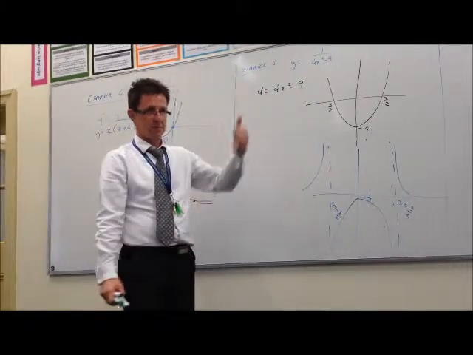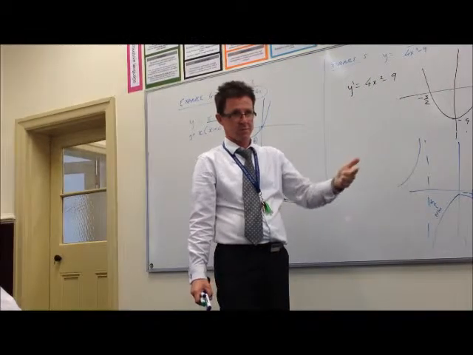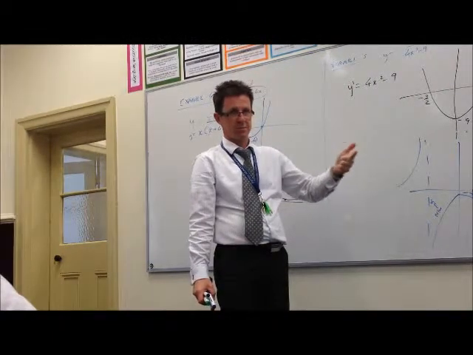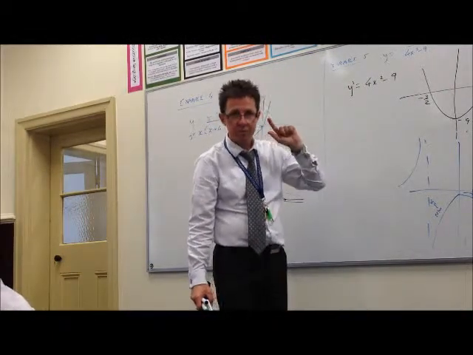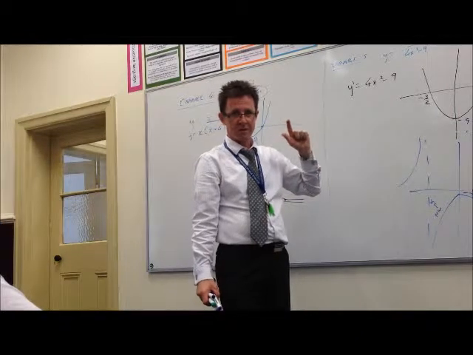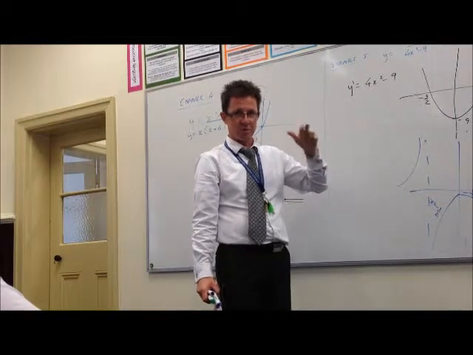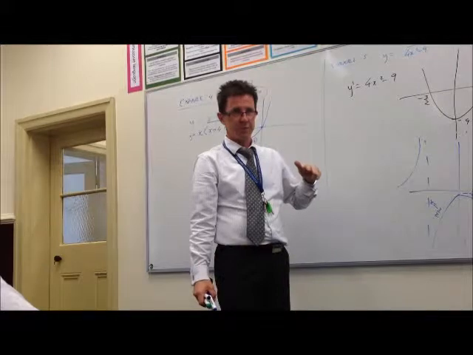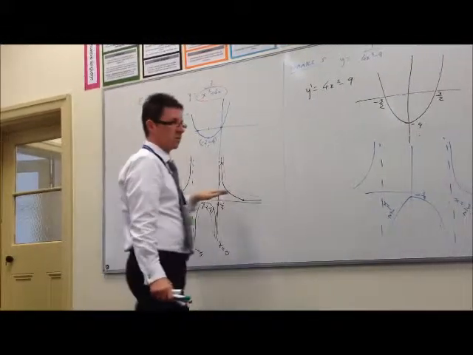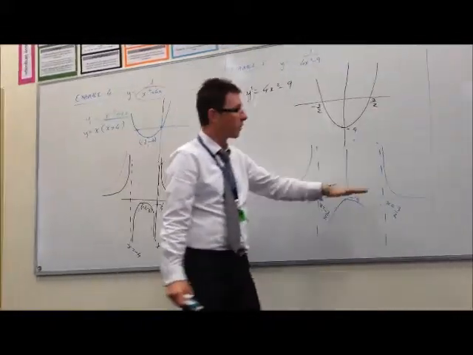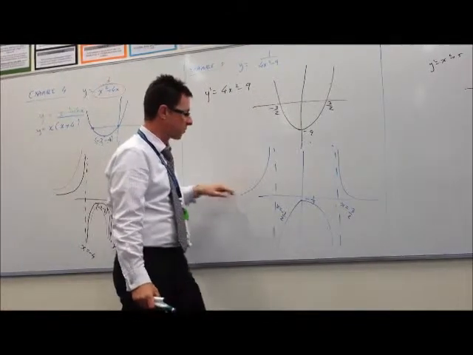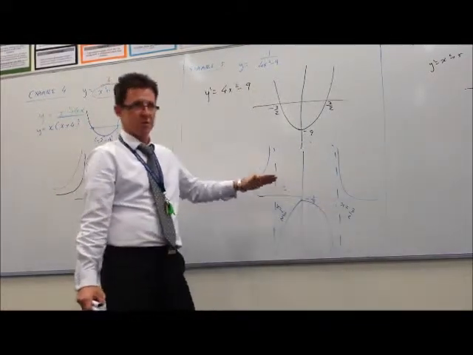X equals 3 or minus 3. And y equals 0. No. Sorry, someone said something. Speak up, don't be shy. Y equals 0. Y equals 0, well done. So we don't show it, but y equals 0 is also an asymptote because that function will not hit that line. So it's very important.